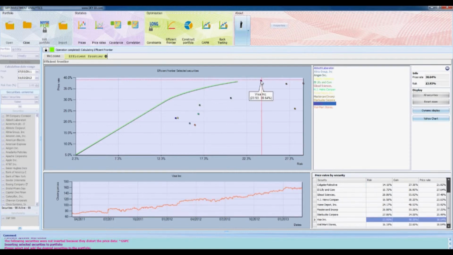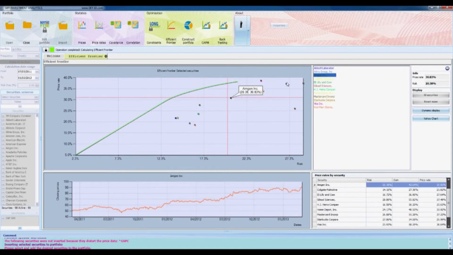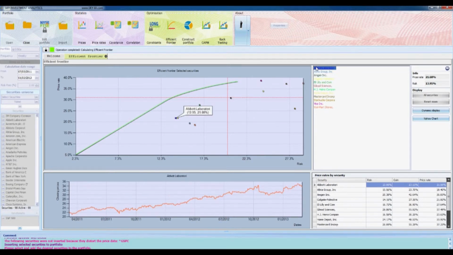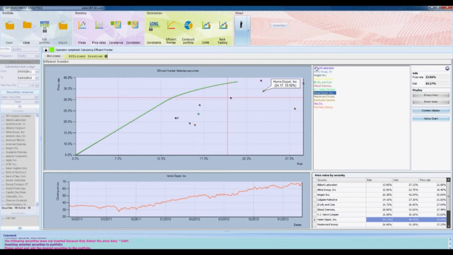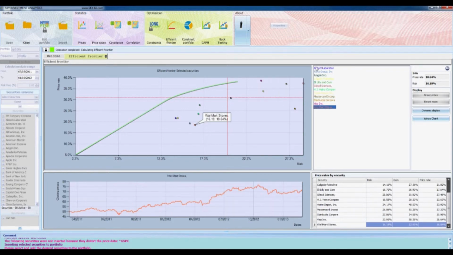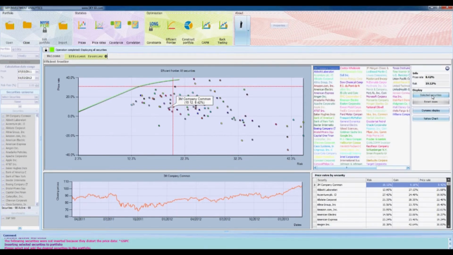Each point here represents the risk and reward for each one of these securities that participated in making the efficient frontier, meaning for all other securities the weight is 0. They do not participate in the efficient frontier.